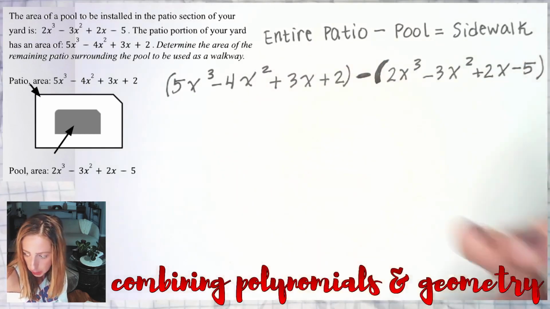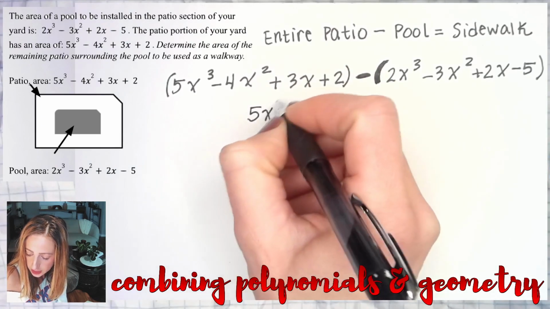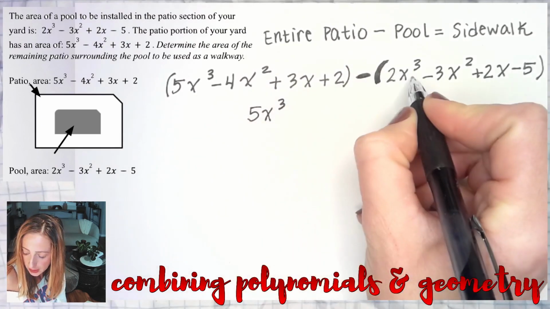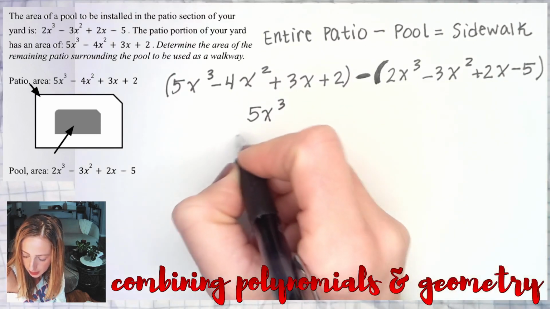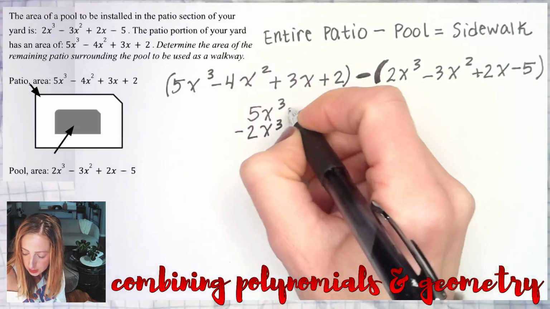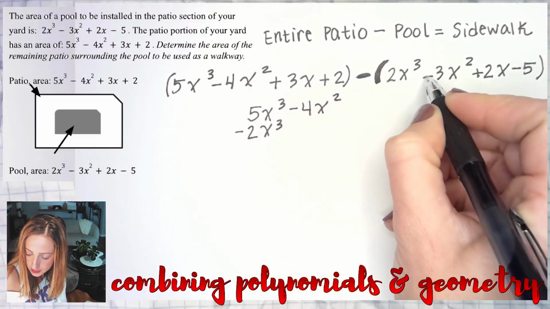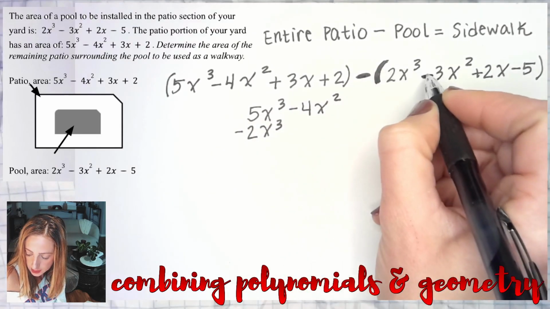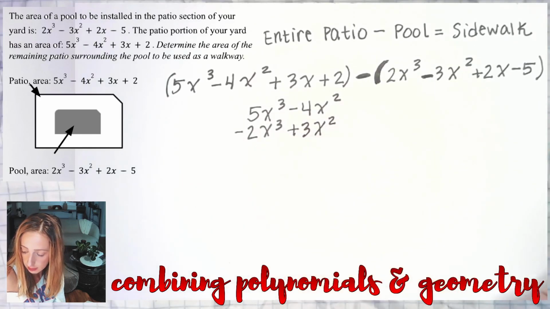So a nicer, neater, more organized way to write the next step is as follows. 5x to the third minus 2x to the third. So that was positive in there, it will become minus. I'll put it right under it. Let's continue. Negative 4x to the second minus negative, which means plus 3x to the second.